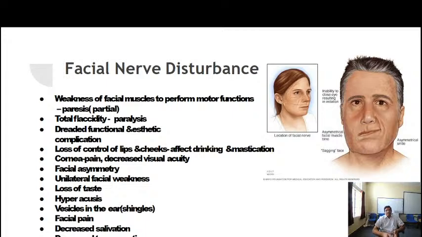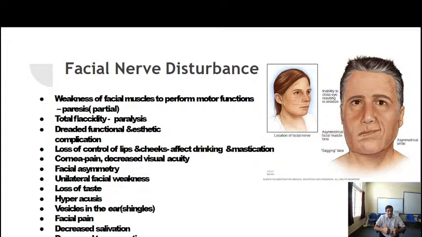Then we come to the various clinical signs and symptoms that a facial nerve damage can result in. One is the weakness of the facial muscles, because they are the ones which supply the muscles of facial expression. The total flaccidity, paralysis. Then you have the loss of control of the orbicularis oculi.